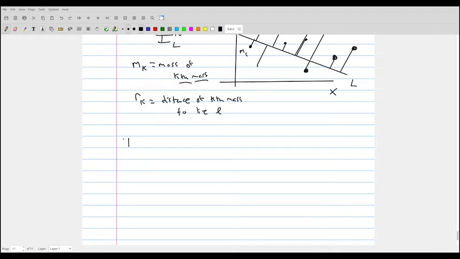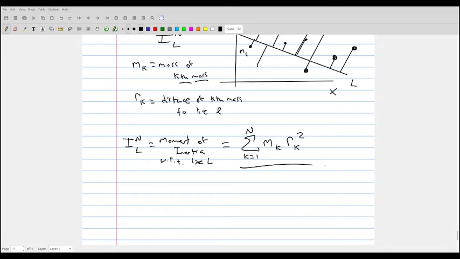We define I_L, or the moment of inertia with respect to line L of these masses, as the sum over all of the masses of the kth mass multiplied by the distance of the kth mass away from L squared. So this is how you define the moment of inertia.